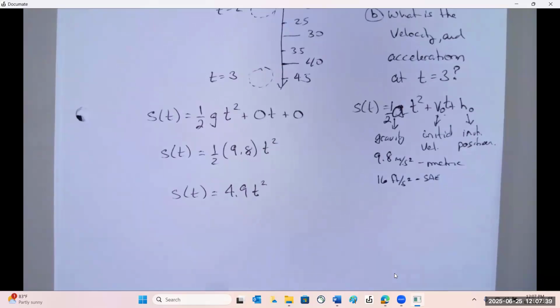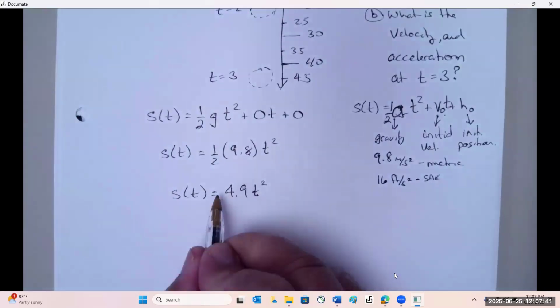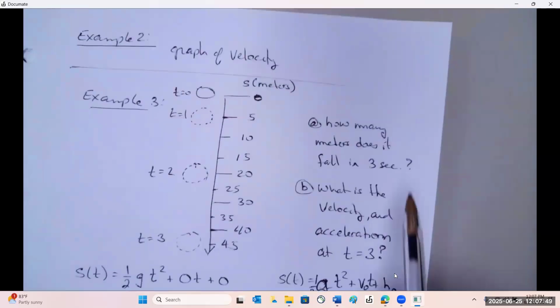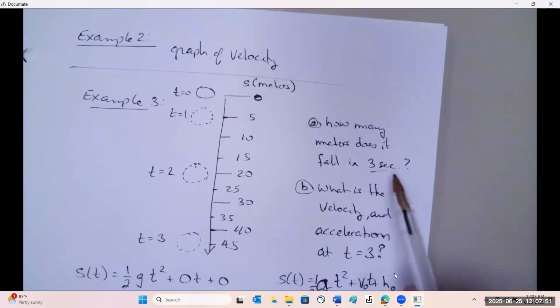If we wanted to be precise using this picture, we would make it a negative because it's falling down. But all it's asking for is just a position. It wanted how far does it travel in 3 seconds?